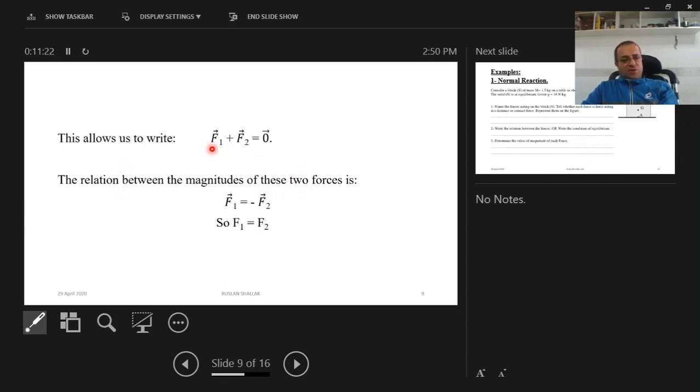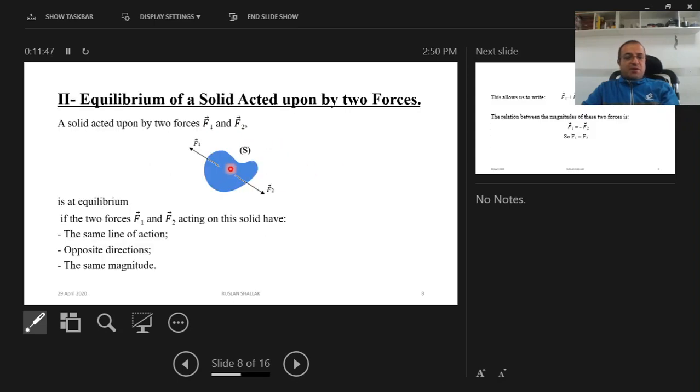This allows us to write F1 vector plus F2 vector equals 0 vector. What's the meaning of 0 vector? This means that this body S is not moving under the action of these two forces.